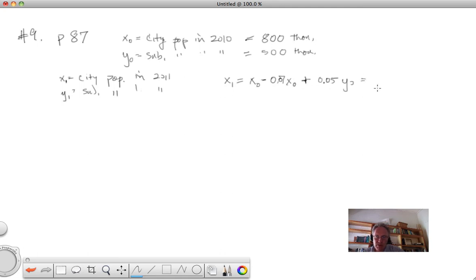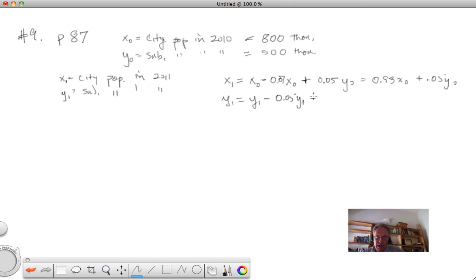It's not too hard to see. You can rearrange this just a little bit. The two terms of x0 give you 0.93 x0, and the other term is 0.05 y0. The same logic applies to y1. y1 will be the people that remained, minus the 5% who left.